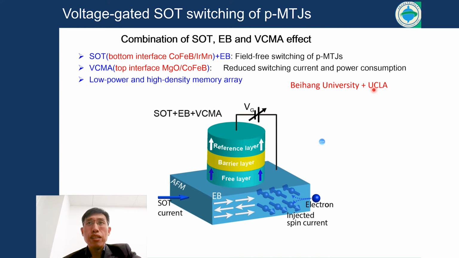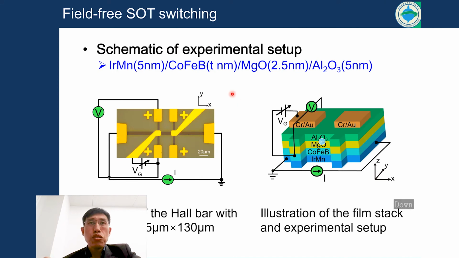And we have a collaboration with a UCLA group, which provides support on the VCMA measurement. Again, this is two-interface switching. So first we realize these devices, two devices, with one SOT channel here, and we measure the switching result here.